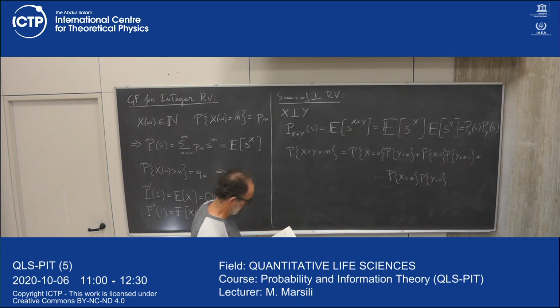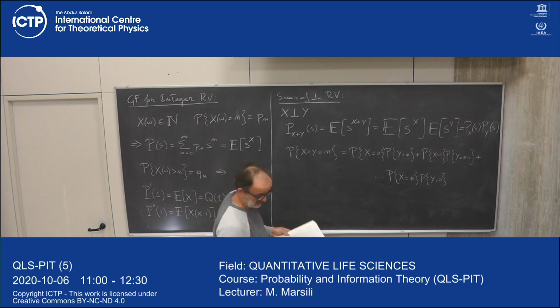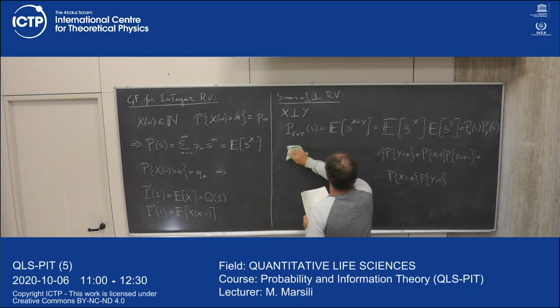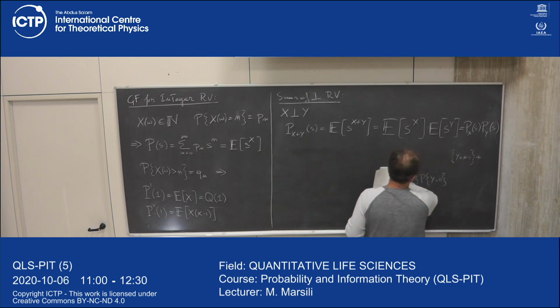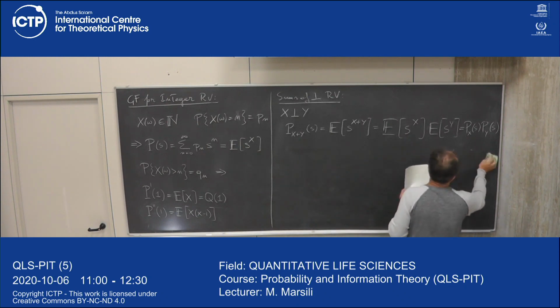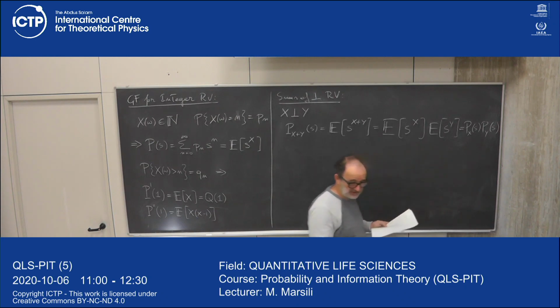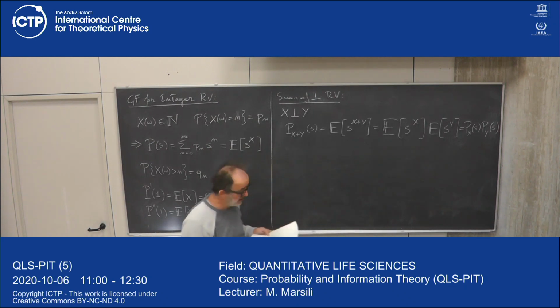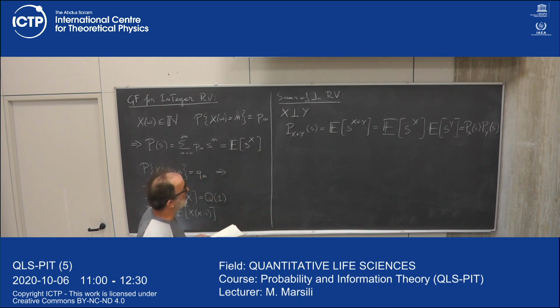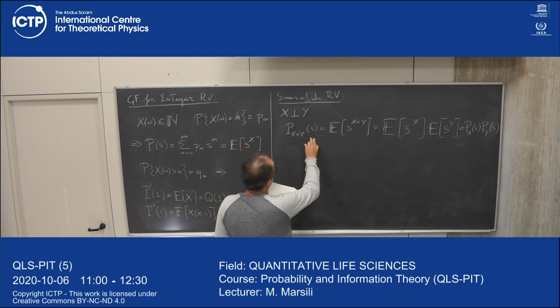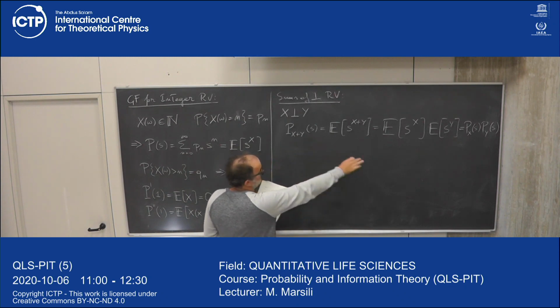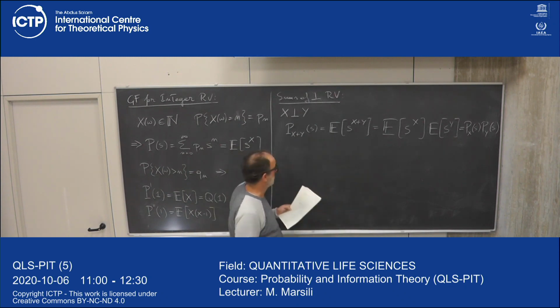Okay, so now this, of course, generalizes to the case where you have many random variables. If you have a random variable which is the sum of n independent random variables, then the generating function of the sum is the product of the generating functions.